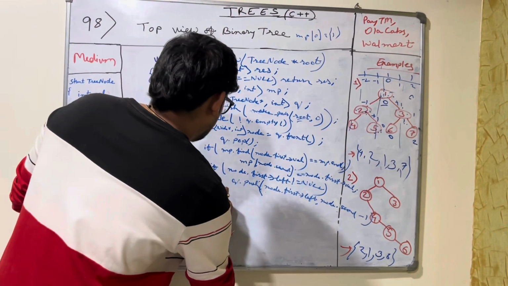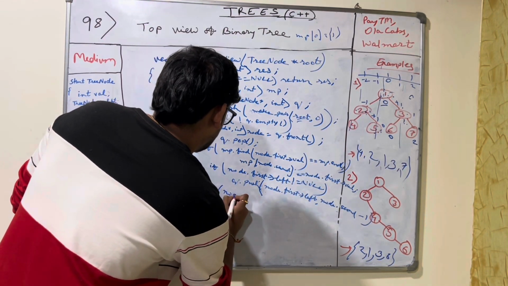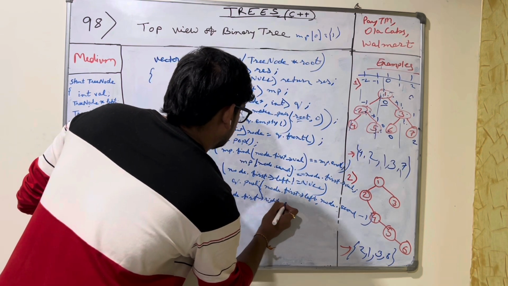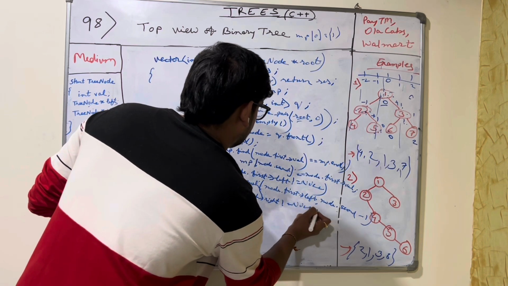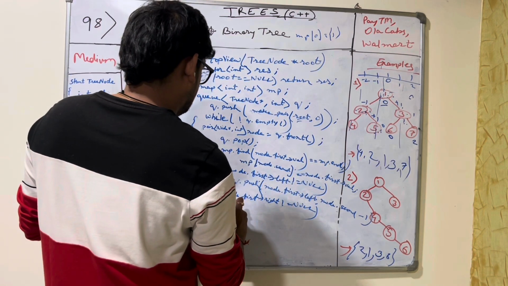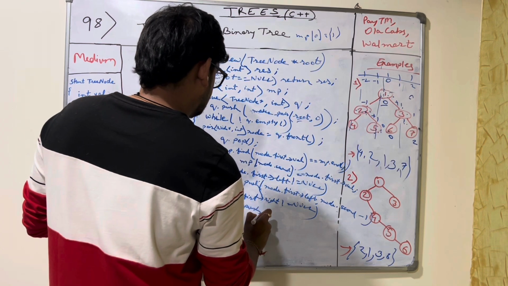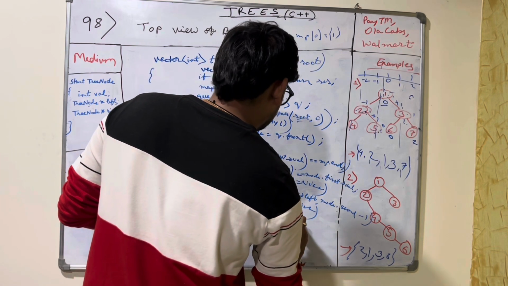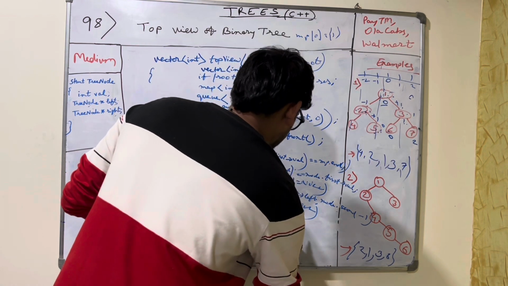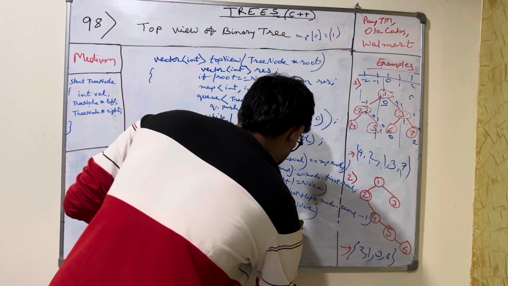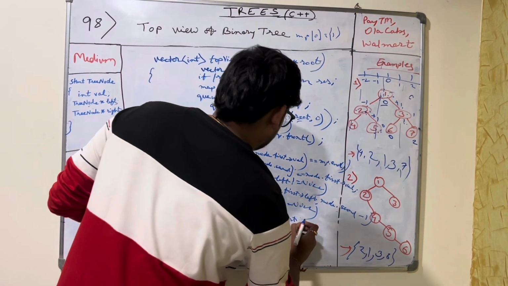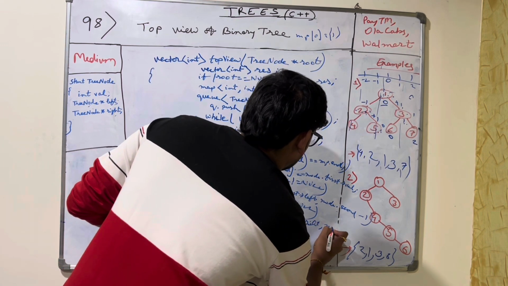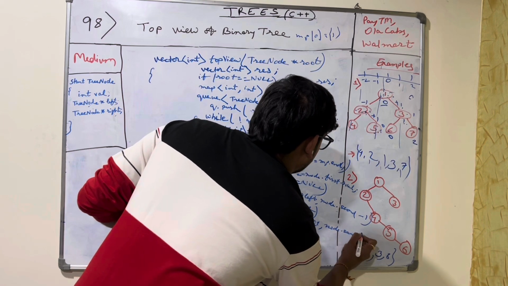Okay, if node dot first right is not equal to null, then q dot push node dot first right, node dot second +1.